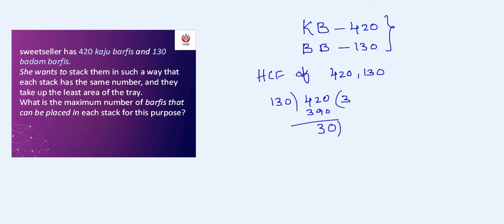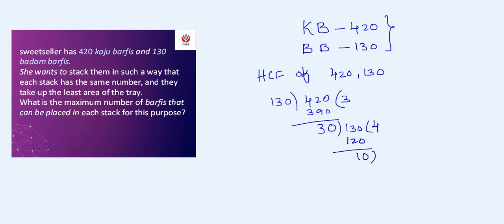We continue the process and divide 130 by 30. It goes 4 times, so 4 times 30 is 120, and we get 10 as a remainder.